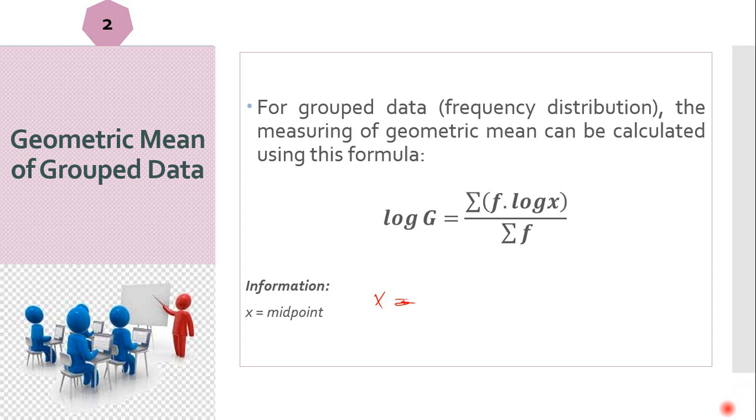We have to add up the lower limit with the upper limit, then divide by 2, or we can say multiply by half. So this is the way to get the midpoint of class.